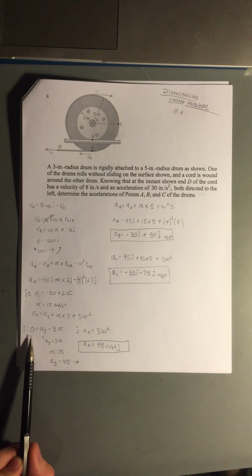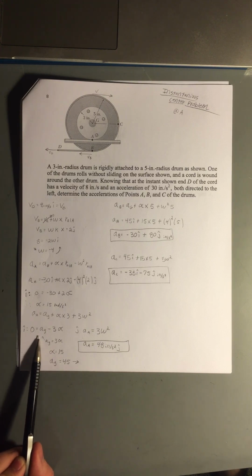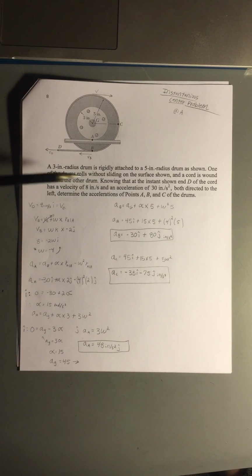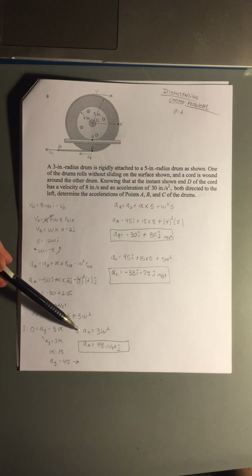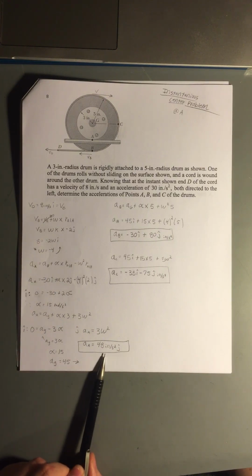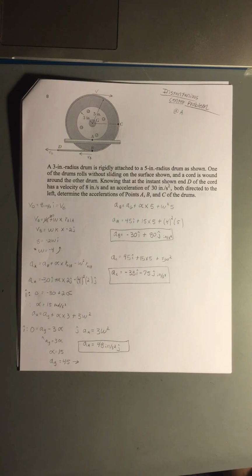And so in the i direction, we can actually solve for the acceleration of G, which is not one of the accelerations the problem asked us to find, but we can use it later on as we solve for them. And then in the j hat direction, we know omega, so we can actually solve for the acceleration of A, which comes to 48 inches per second squared j hat.